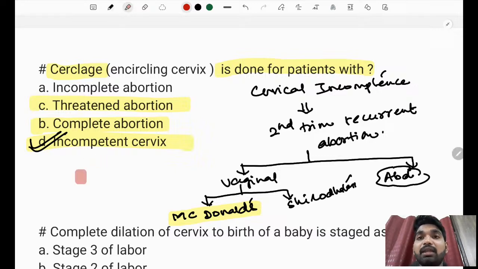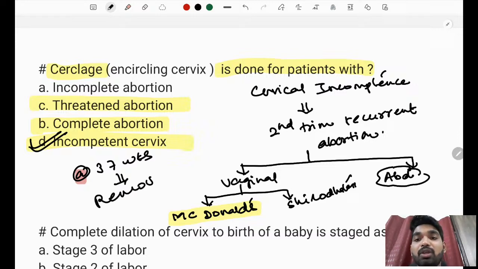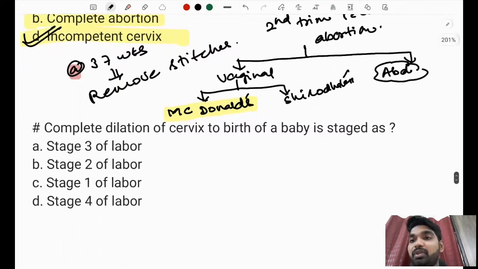At 37 weeks you are going to remove the stitches, otherwise it can lead to uterine rupture. Otherwise the uterus will get ruptured if you are not removing the stitches. Okay, right. So this is about the cerclage.